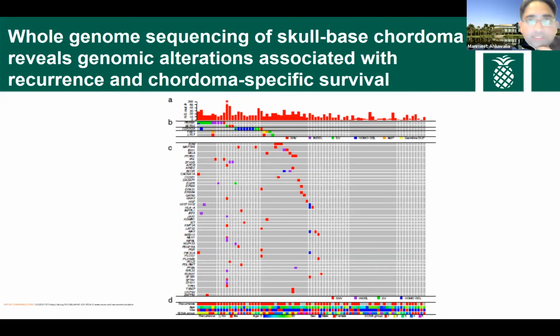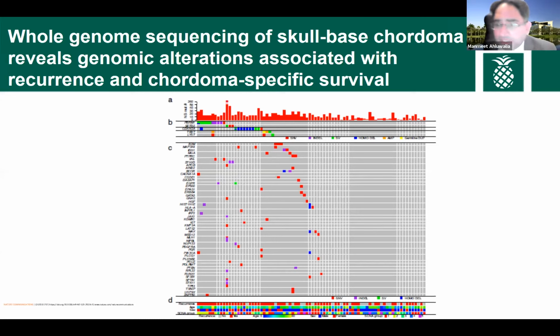This is actually another paper now which looked at whole genome sequencing of skull-based chordomas, which identified genomic alterations. They looked at recurrence and chordoma-specific survival. Some of the work that Dr. Gardner was also sharing with this group.